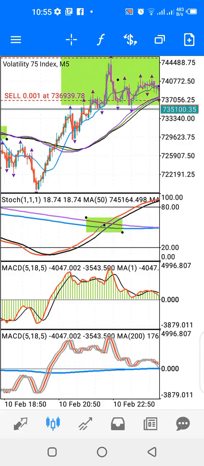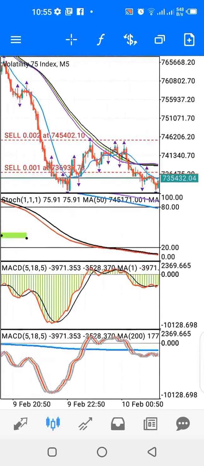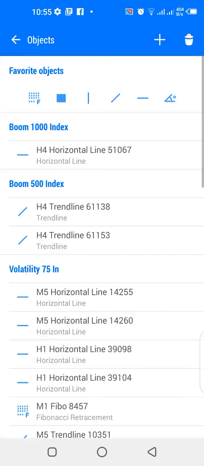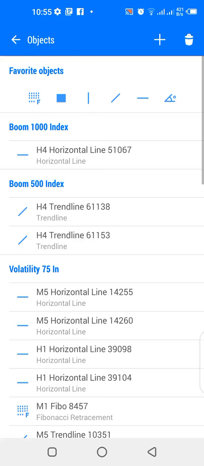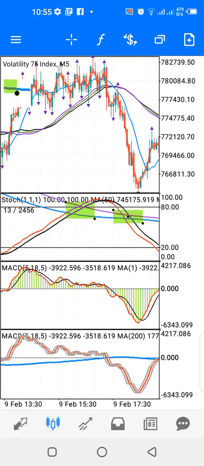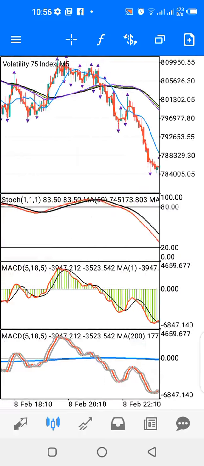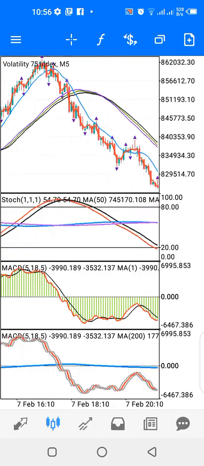Let's look at now. This cross down signals the beginning of a sell trend. There's a failed signal for buy trend here because the trend didn't really go up, it failed. So if you have stop loss at that level, your account will be safe.